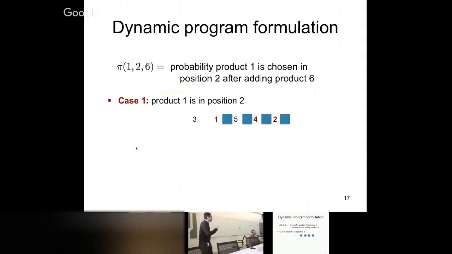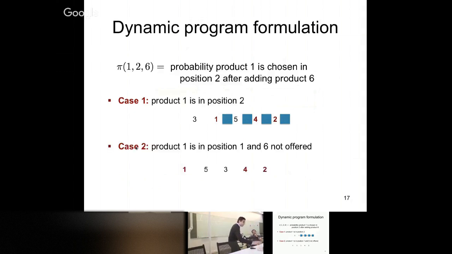So for 1 to keep appearing at position 2, 6 must either be inserted after 1. If 6 is inserted here, I'm fine, and I know exactly what the probability of inserting 6 is in those locations. Or 1 actually appeared in position 1 and 6 goes before. These are the only 2 cases when 1 can keep appearing at position 2 in the random list from 1 to 6.